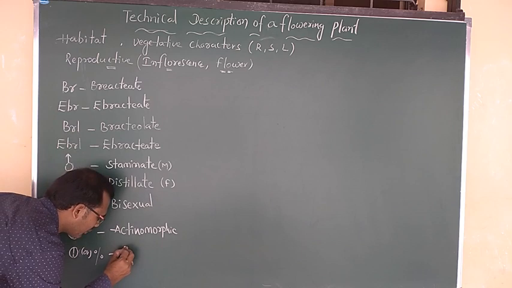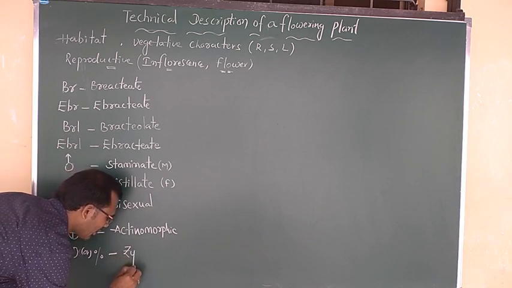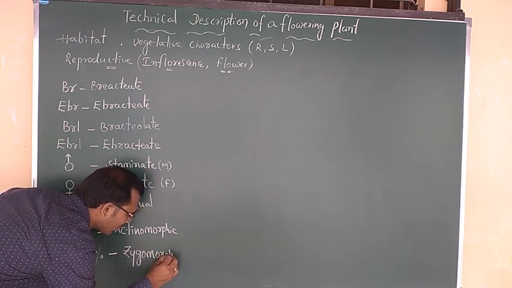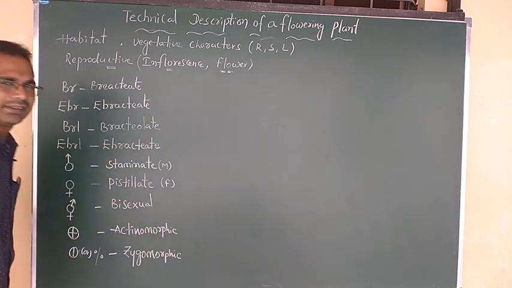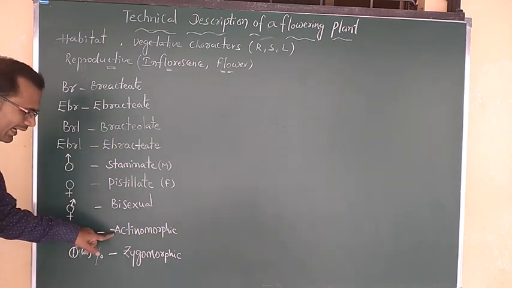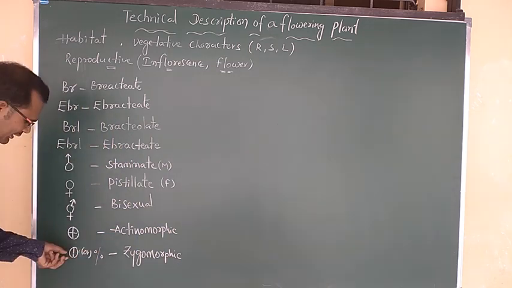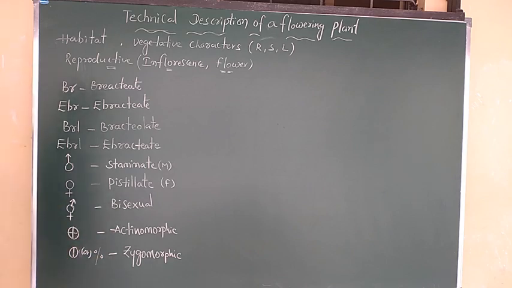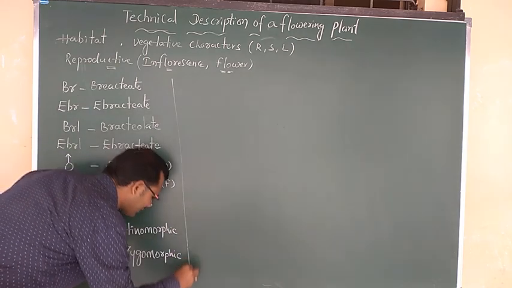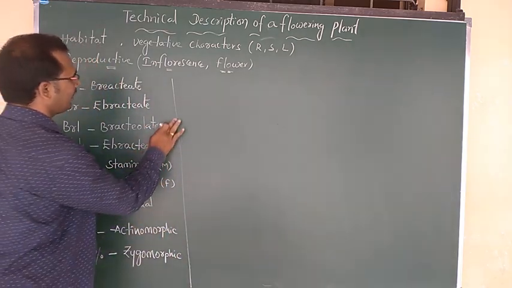Bilateral symmetry, that we call a zygomorphic flower. Floral formula, these symbols we are using for what? Actinomorphic flower. This symbol we are using for what? Zygomorphic flower. Okay? Symbols taken. Next, another one.